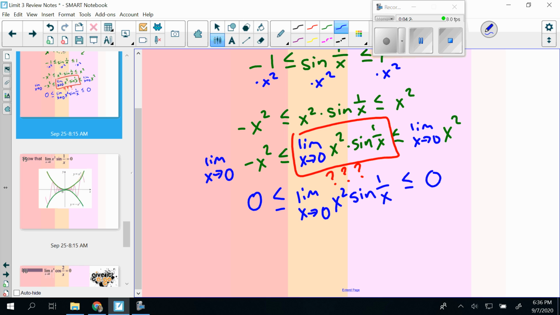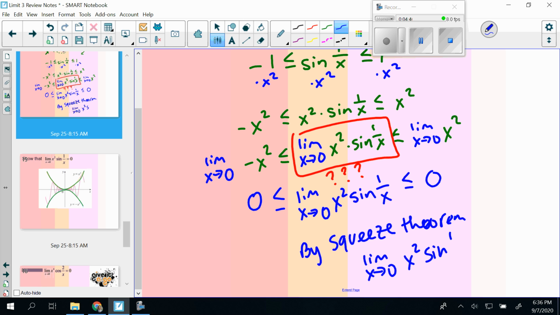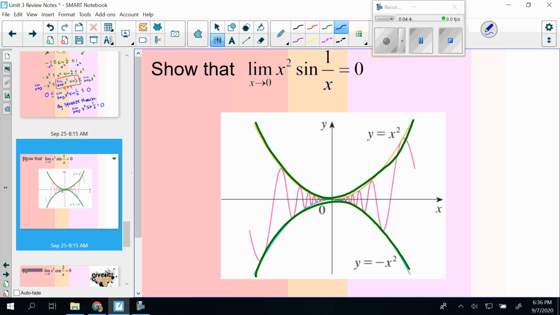And so we can say by squeeze theorem that the limit as x approaches 0 of our function here would in fact have to equal 0. And you can see again from this picture that because both of these are equal to 0 here, it forces our red function to equal 0 as well.